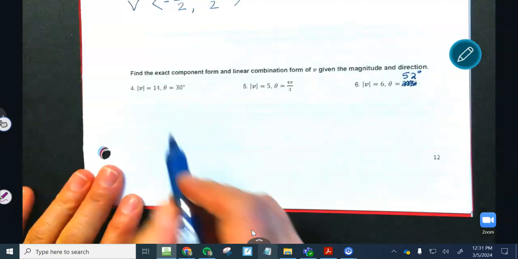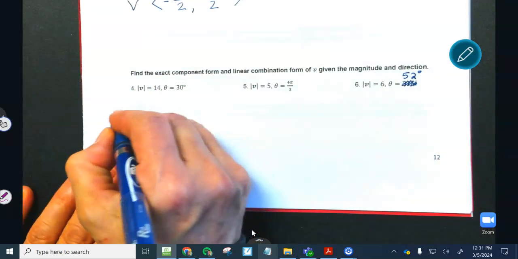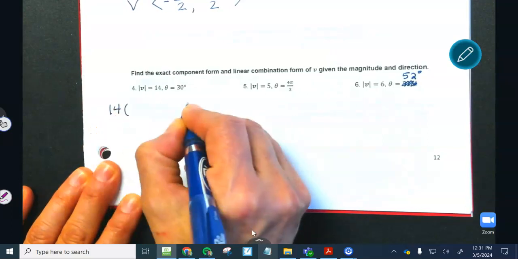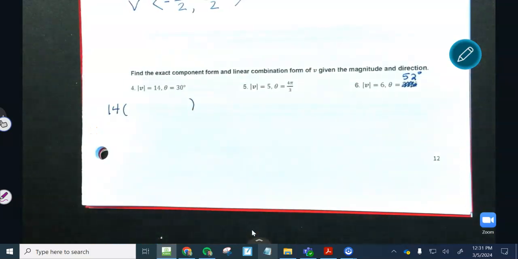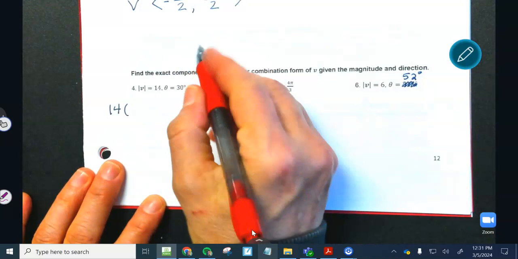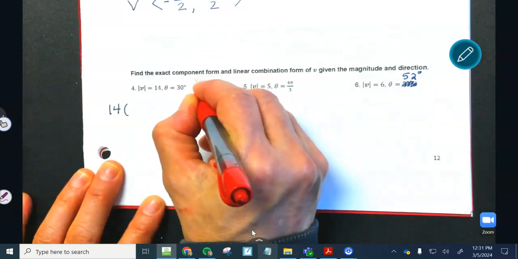All right, so here we go. We're going to write the exact forms. So we're going to recopy the 14 on the outside of the parentheses and just put the cosine and the sine value for 30 degrees. And remember, 30 degrees is pi over 6.